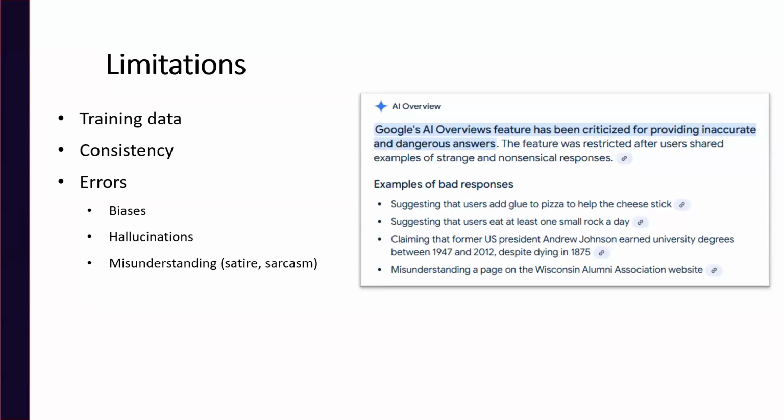So with things like satire or sarcasm, because it's not intelligent, it doesn't necessarily understand the difference between that and actual factual information. And again, we also have issues of biases and the potential for hallucinations from that data set as well.